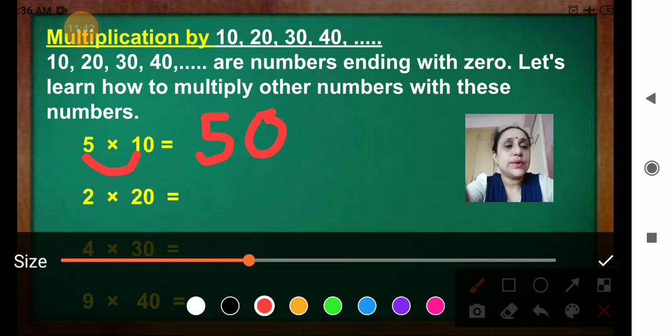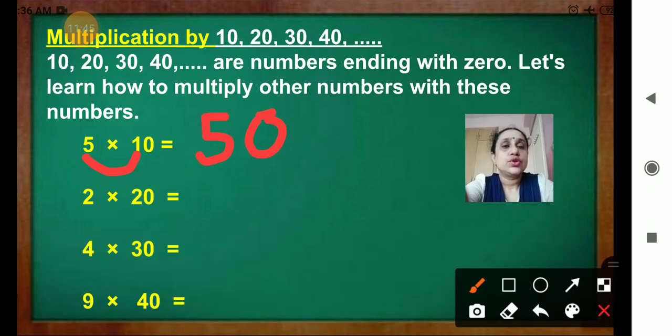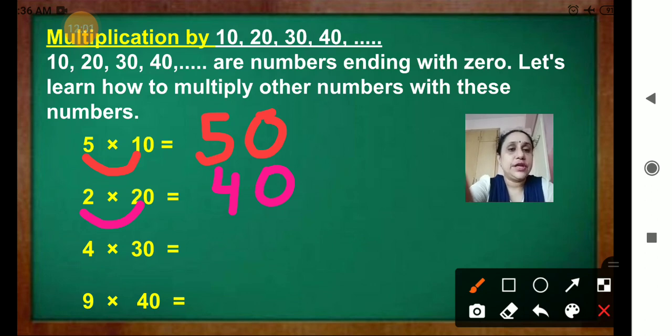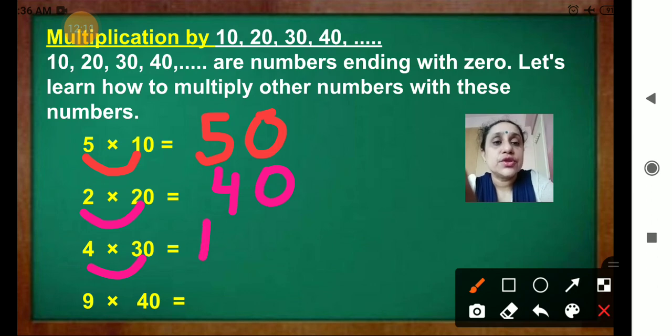Now the next one is 2 multiplied by 20. What will you do? 2 twos are 4. And 1 zero is there. You will put 40. Now 4 multiplied by 30. 4 threes are, say how much? 12.